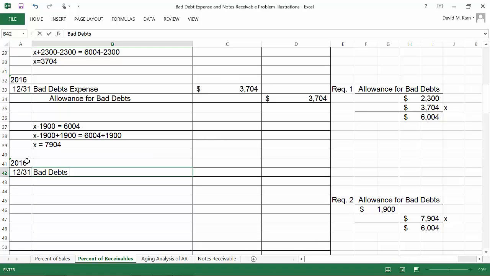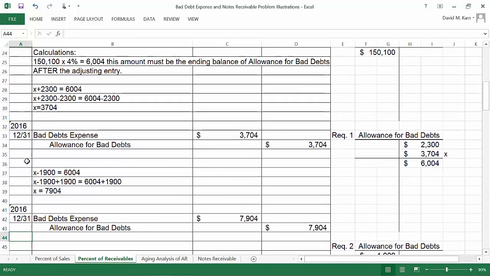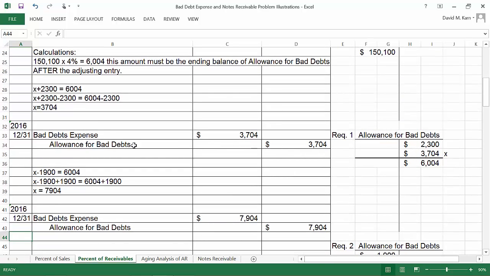Bad debt expense for 7,904, and then a credit to allowance for bad debt for 7,904.